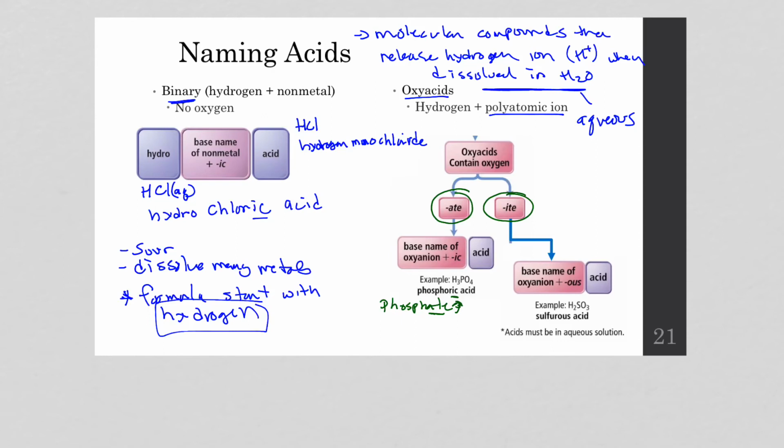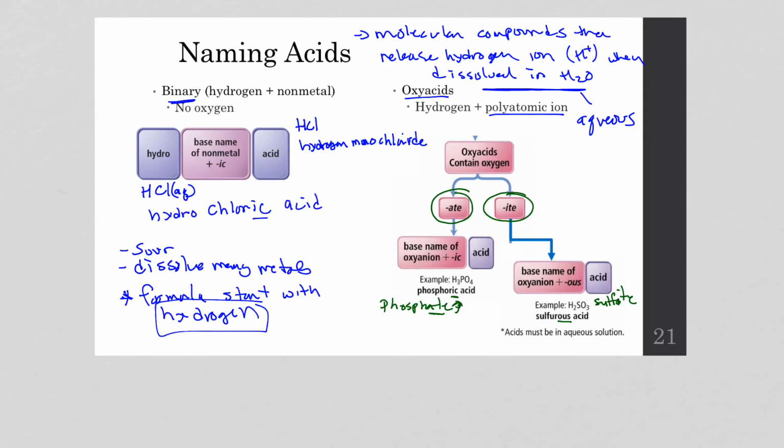Now, here we have SO3. SO3 is the sulfite ion. And so the ITE becomes the OUS, and so sulfite becomes sulfurous.